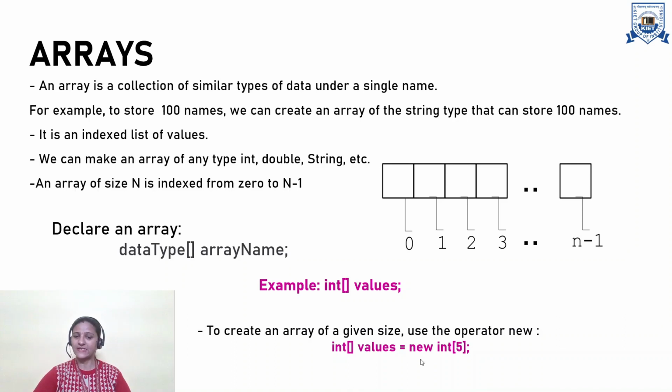Int, in the left hand side, we give integer array denoted by the variable values, and with the help of this new keyword here, we are creating an array of the given size 5. Means the array variable values will store 5 integer values, which index will start from 0 till 4, n minus 1.